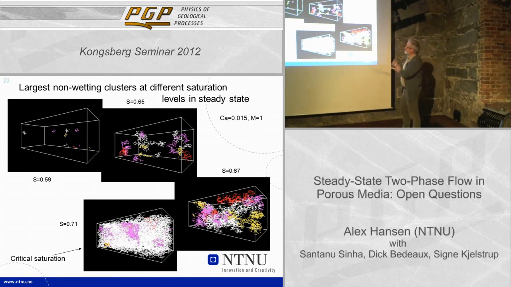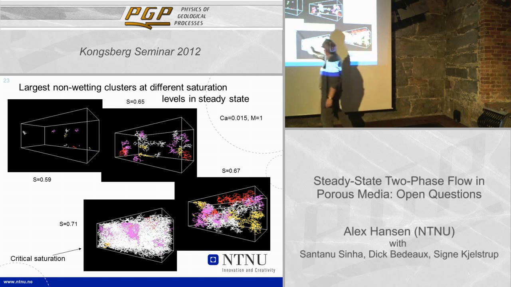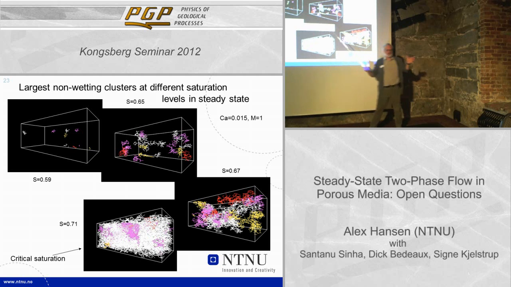Now, we can go in and do the cluster structure. And here is at 59% saturation of the non-wetting liquid. And you just have these little clusters like this. These are the biggest clusters. They're all really completely cut up into small pieces. But then, as you go up in saturation, 65%, it ends up like this, 67%, and here is 71%.